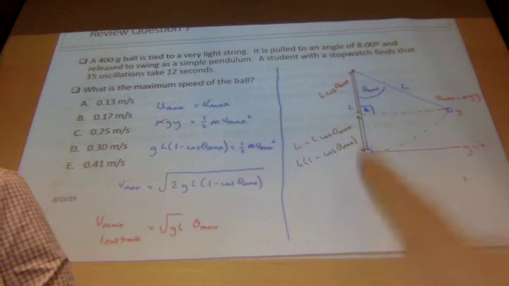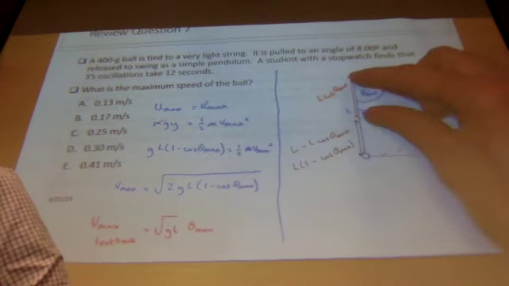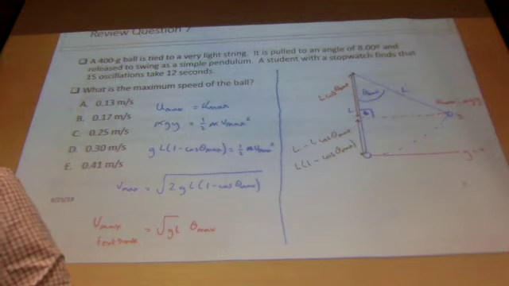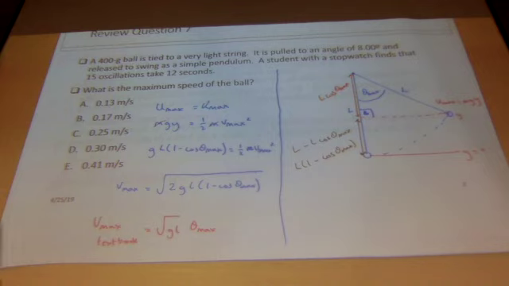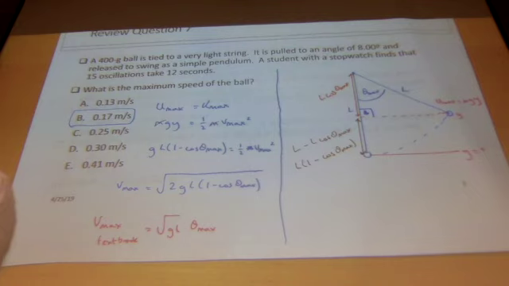But we're doing a trig function here just to find the red value, so it shouldn't matter, as long as your calculator matches the correct mode. So that's what I would go with if you're trying to find the max speed of the pendulum bob.